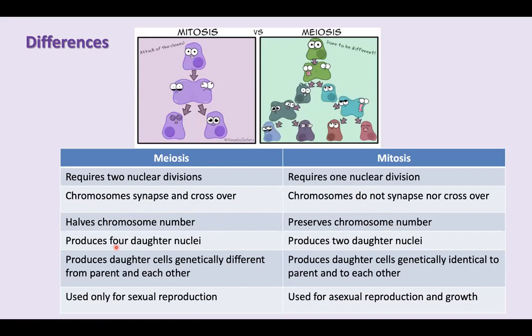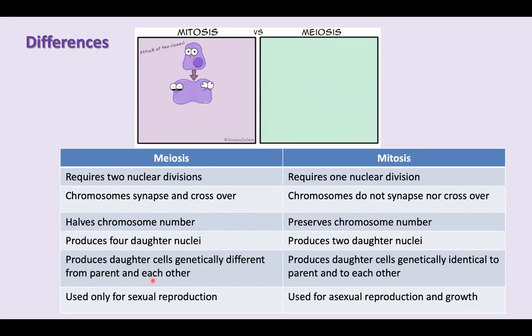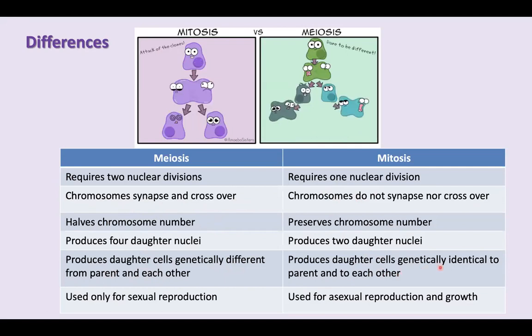Meiosis produces 4 daughter nuclei, and mitosis produces 2. Meiosis produces daughter cells that are genetically different from the parent and from one another. Mitosis produces daughter cells that are genetically identical to the parent and to each other.